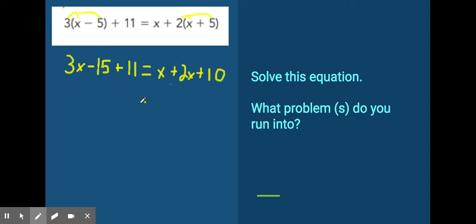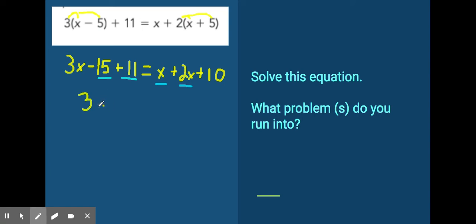Okay. Now I'm going to combine my like terms on this side. And on this side I have x and 2x. Okay, so when I combine those, I'm also going to combine my negative 15 and 11 over here. All right.